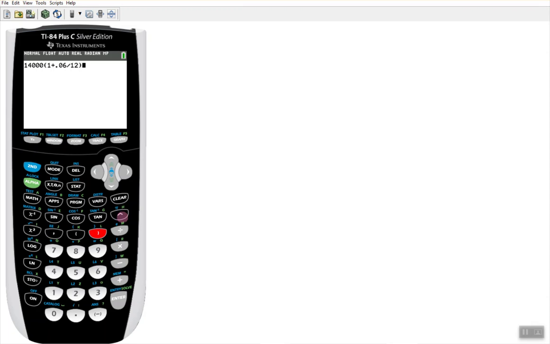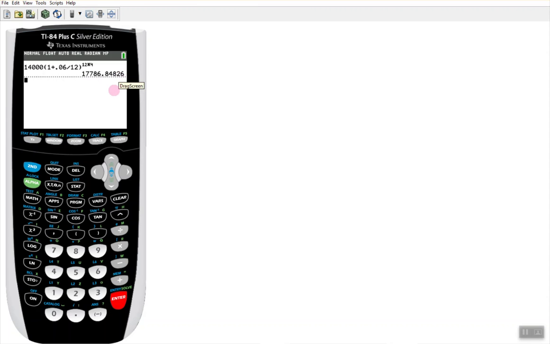When I do the exponential house top key, I can just type in 12 times 4. If yours does not stay up there in a little exponent spot, be sure and use parentheses around the 12 times 4. Enter. All right, so that is the future value if it's compounded monthly.